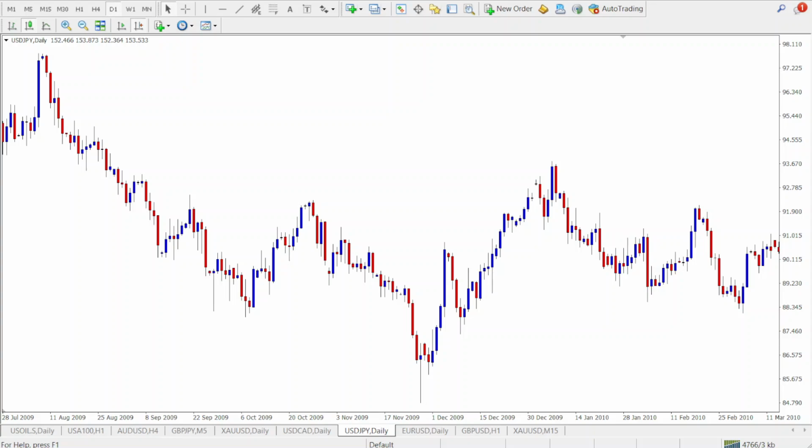Market structure is the foundation of all price action, and once you master it, you will never look at the charts the same way again. Stick around as we cover how to identify trends, key levels, breakouts, and the best strategies to trade market structure effectively.